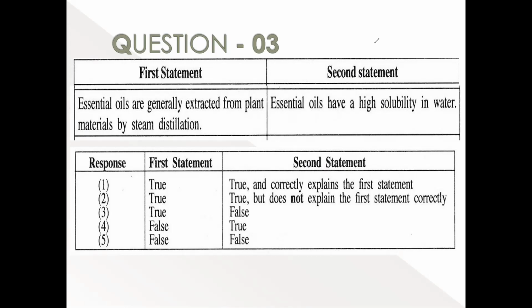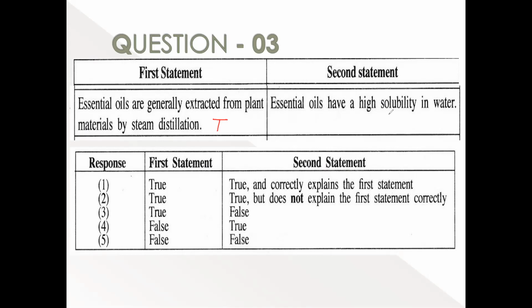When you use a high temperature, the composition of the essential oil will be dissociated. So to maintain that particular composition, we use a low temperature, a moderate temperature, which is steam distillation. Your first statement is true.